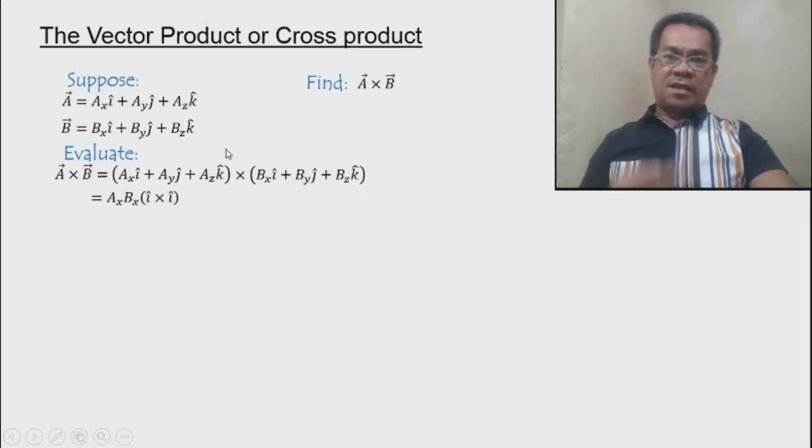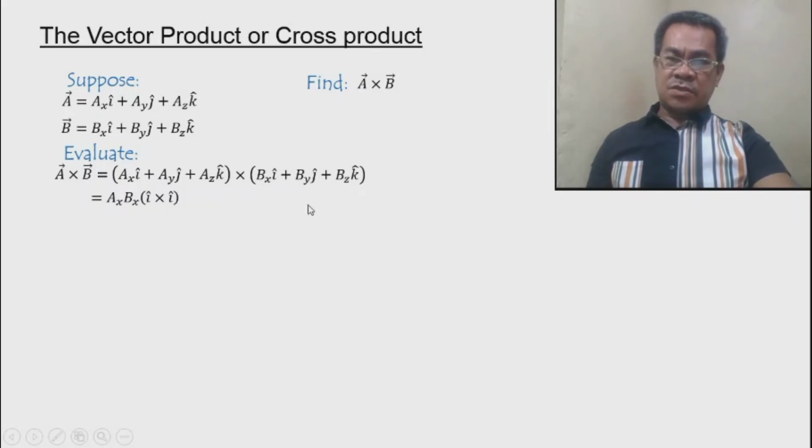Just like what we did in the scalar product, we multiply the first term to the first term, then the first term to the second, then the first term to the third, followed by the second term to the first, the middle, and the third, by distribution.